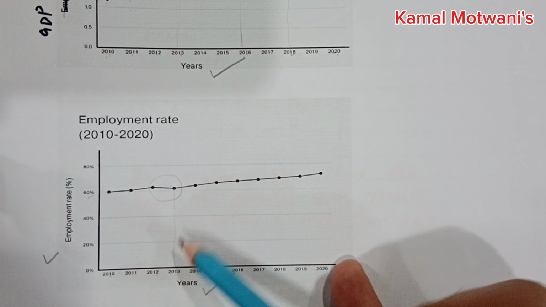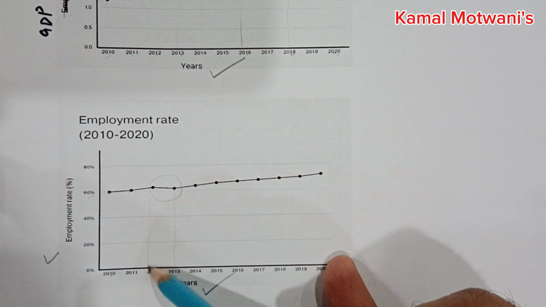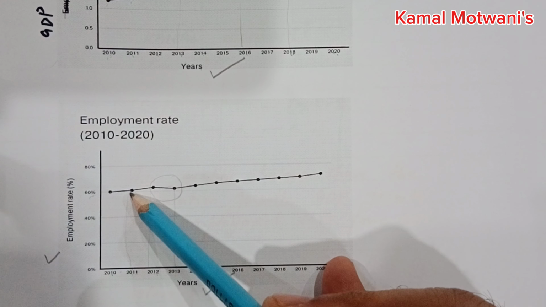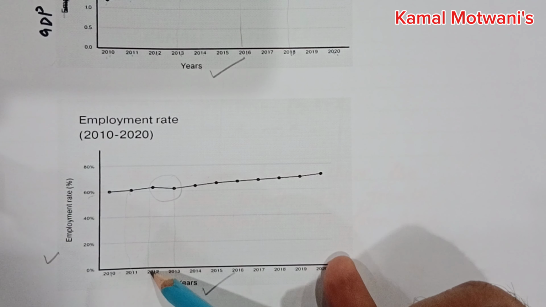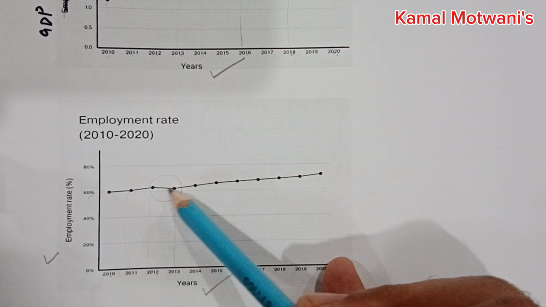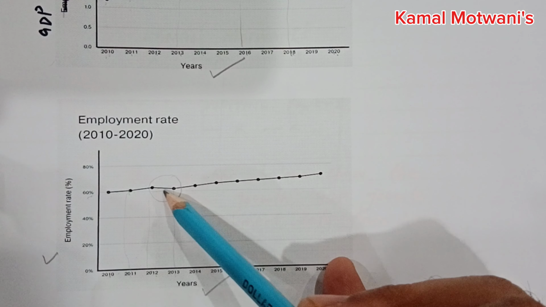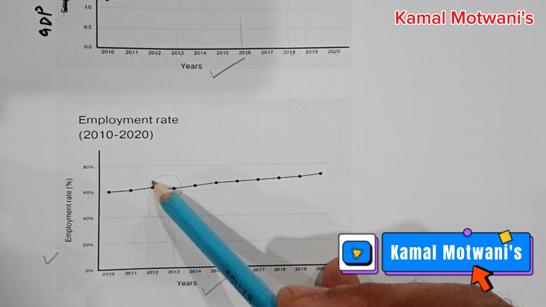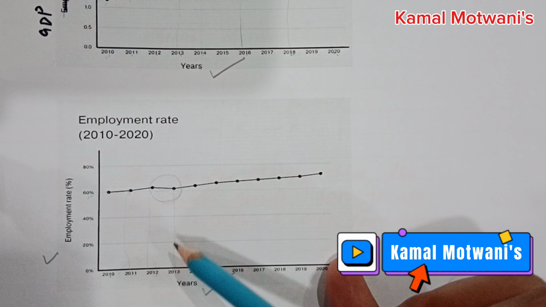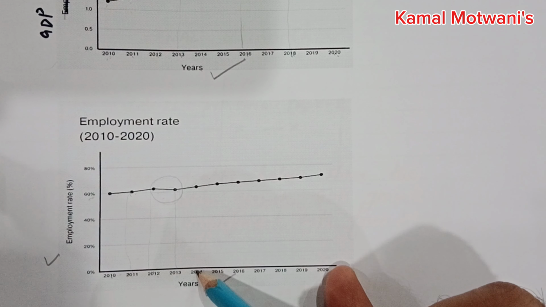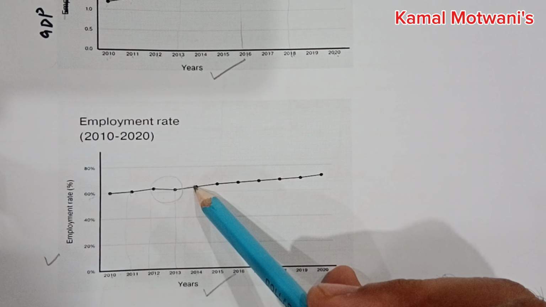In 2011 it was 61 percent, then in 2012 it was 63%, then this is coming down. And how much is it? It is around 62% in 2013. So here it has fluctuated. Then again it has followed the upward trend, and in 2014 it reaches 64%.